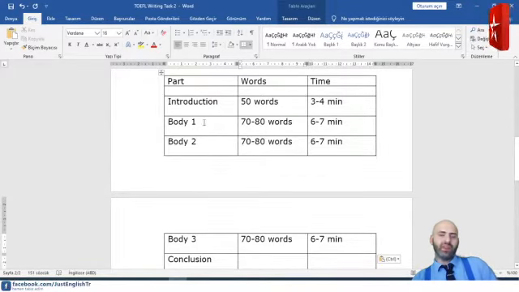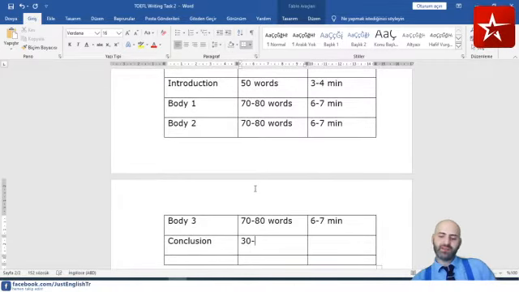So we have written 3 body paragraphs of 70 to 80 words. So it is 75 multiplied by 3. It will be 225. We have 50 words in the introduction, so it is 275. And we need to write about 30 to 40 words in the conclusion.